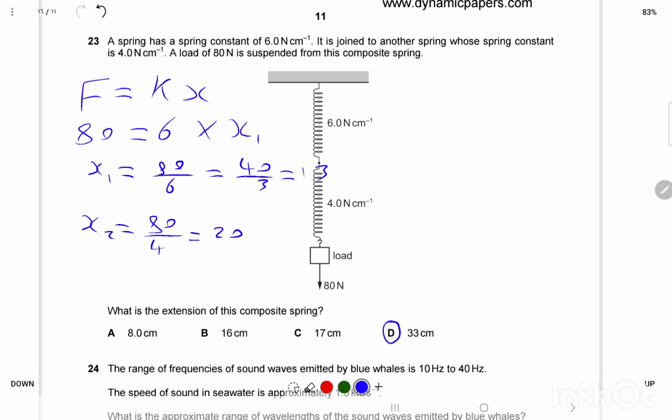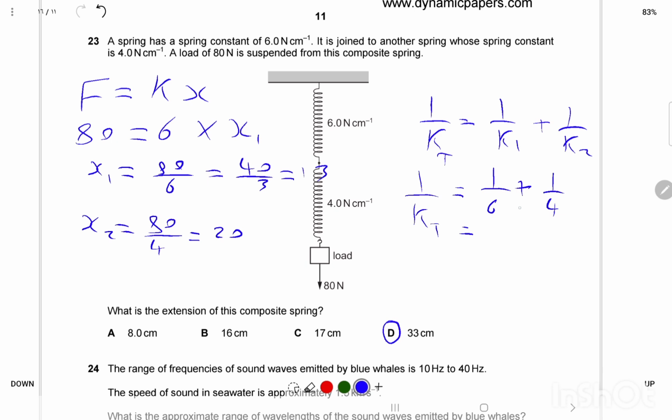Of course, there's another way of solving this question. You can find the combined constant: 1 over k total is equal to 1 over k1 plus 1 over k2, because these two springs are in series. So 1 over k total is equal to 1 over 6 plus 1 over 4.